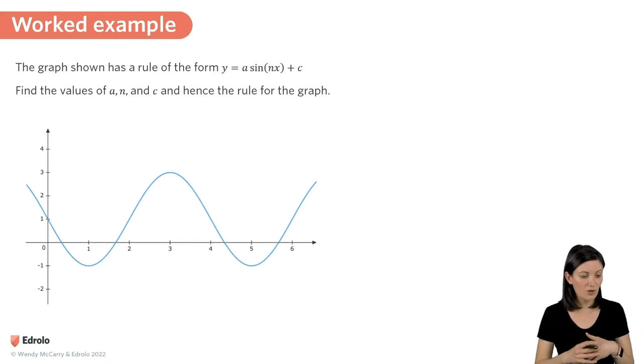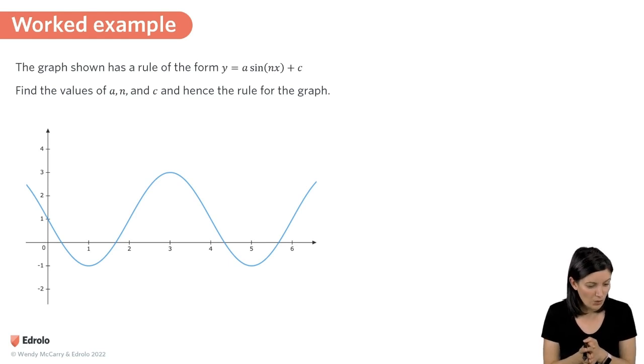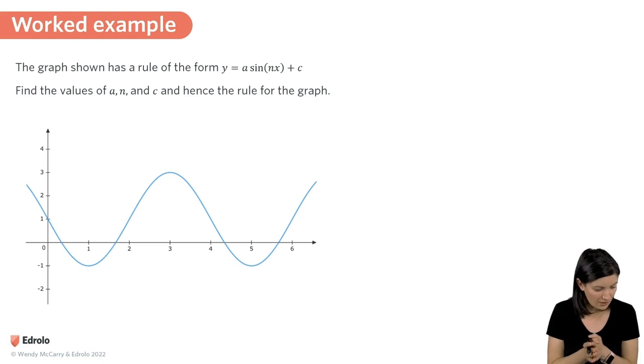So the question says the graph shown has a rule of the form y is equal to a sine of nx plus c. Find the values of a, n, and c, and hence find the rule for the graph. All right, let's look at what we could start off here. What do we know? First of all, we know that this is a sine curve. What else can we see?